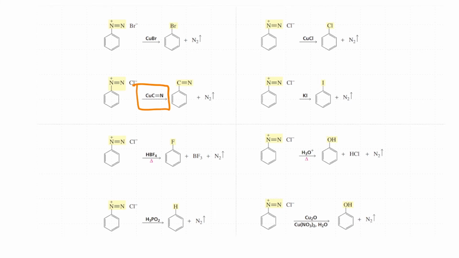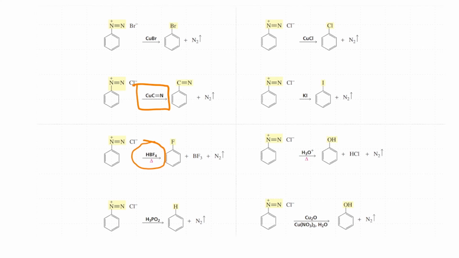You can also convert it to the fluoride by reacting it with HBF4, which is basically BF4 minus and H plus, and that's going to give you BF3 and nitrogen as byproducts. You can also convert a diazonium salt to phenol by reacting it with aqueous acid.